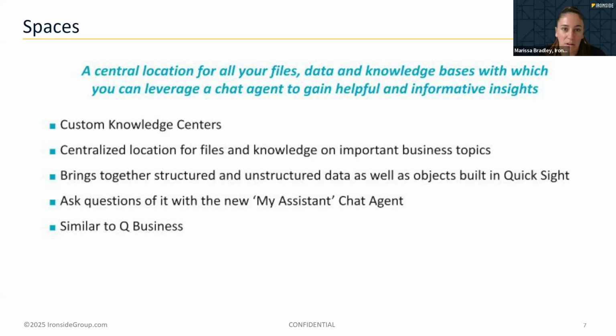So Spaces are basically a centralized location where you can upload files from your computer, bring in data, whether it's structured or unstructured, as well as objects built in QuickSight into these custom centralized knowledge centers that are related to important and specific business topics. So an example could be like having a financial space that contains data on sales and revenue, or maybe an HR space that has something like an employee handbook.